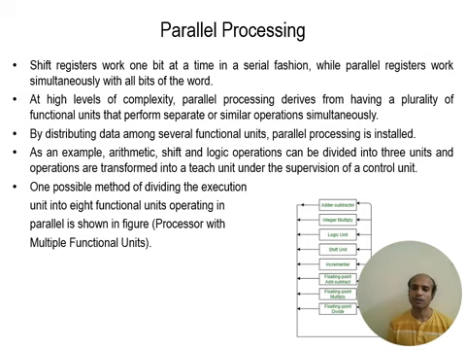It starts with the floating point divide, and then the floating point multiply, floating point add, subtract, and then incremental shift unit, logic unit, integer multiplier, and there is an adder and subtractor.